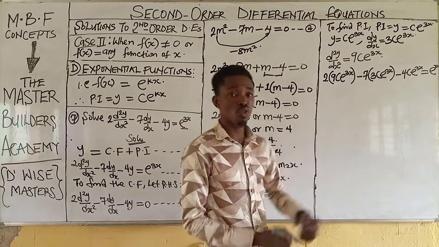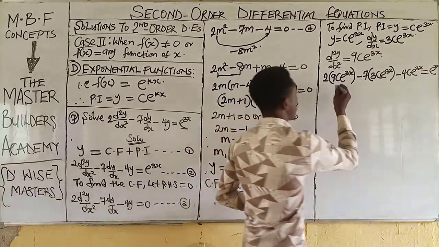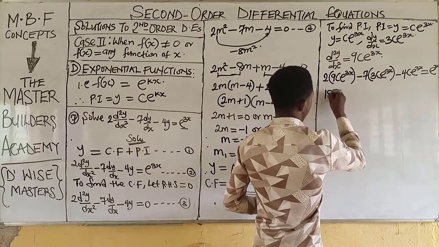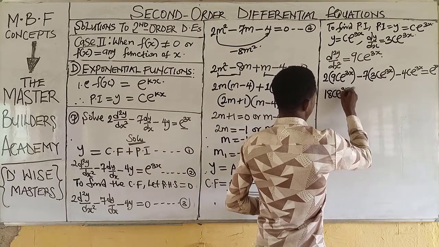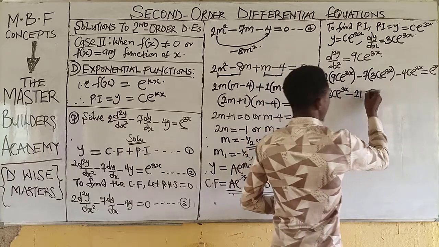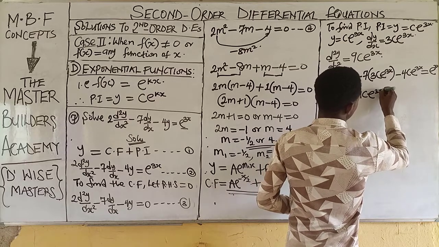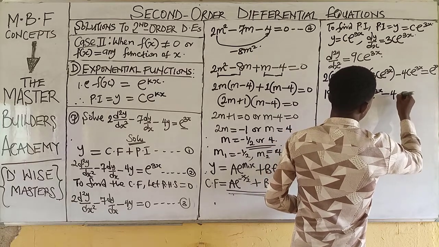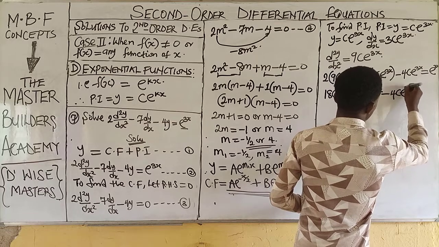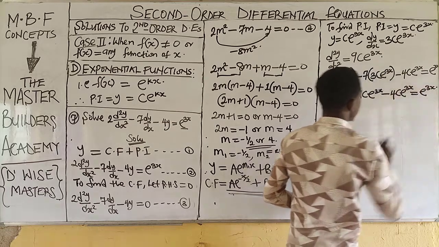So at this point, all I need to do is to clear up the brackets. And to have this done, 9 multiplied by 2, this will have given us 18c exponent 3x minus 21, 7 multiplied by 3, c exponent 3x, minus 4c exponent 3x equal to exponent 3x.